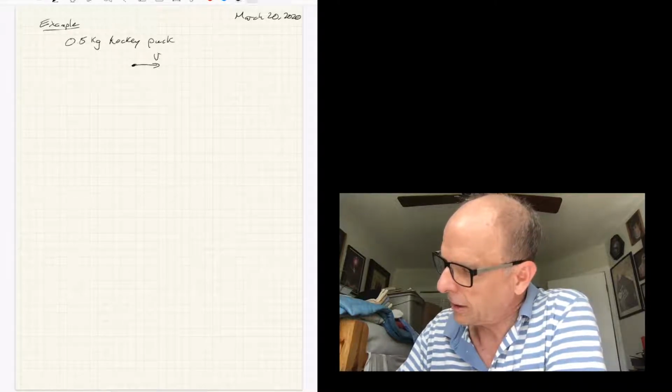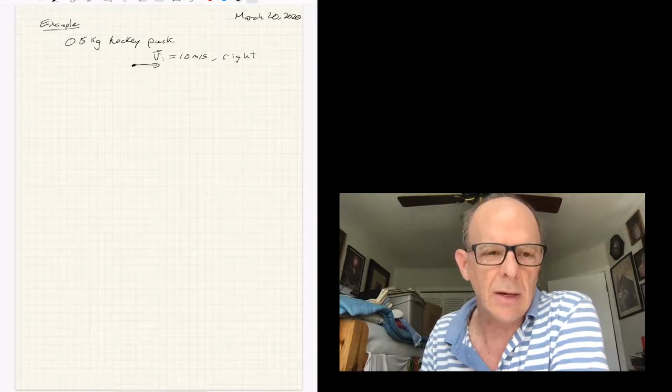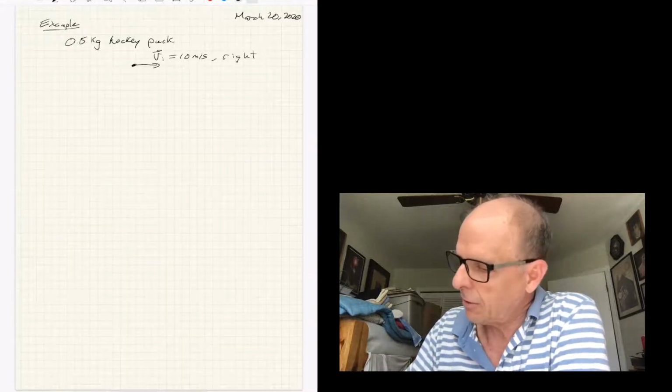So I'm going to put a little subscript i. It's 10 meters per second to the right, and there's the little hockey puck. And it is hit with a hockey stick that exerts the force shown.